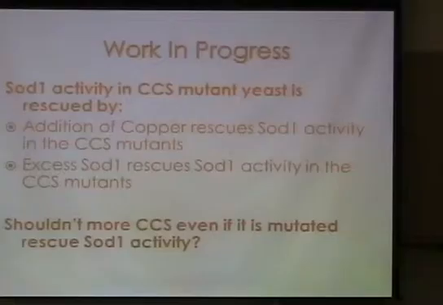So far, we have concluded that the addition of copper to cells increases SOD1 activity. We've also found that increasing SOD1 in general is going to increase cell growth and SOD1 activity in the CCS mutant cells. My question is, then, shouldn't more CCS, even if it is mutated, increase cell activity?